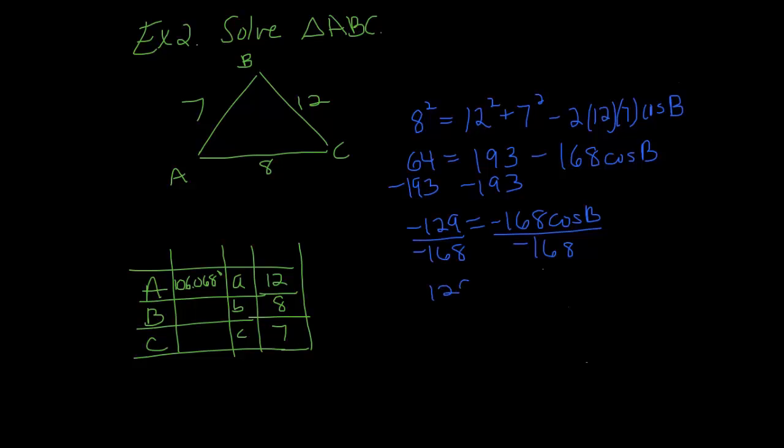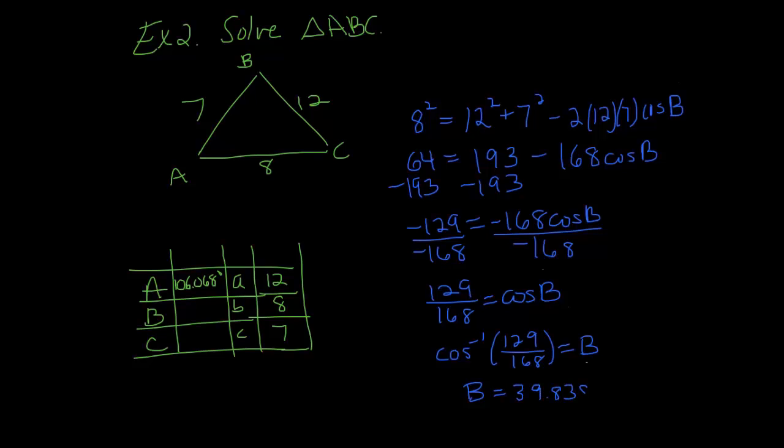That becomes positive 129 over 168. So now the cos inverse of that value is what angle B is going to be. And I get that to be 39.838 degrees. So I'll fill that in.